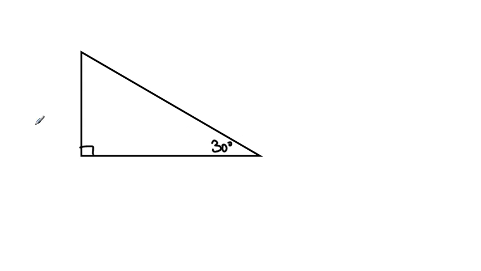And we're going to say the side opposite the 30-degree angle is x. But as we mentioned earlier, if we have two of these triangles, it will become an equilateral triangle. So we know that this side must be 2x.